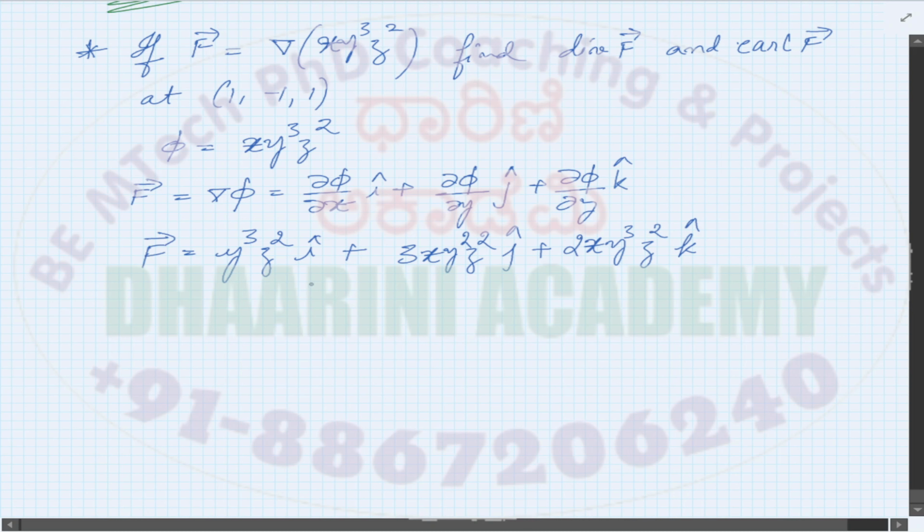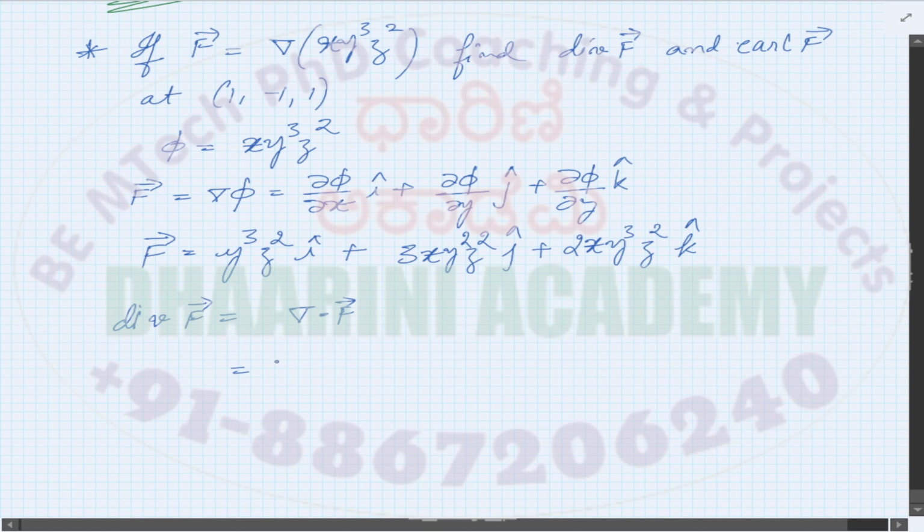Now the first part of the question is finding out the divergence of this vector f. The general notation is del dot f.